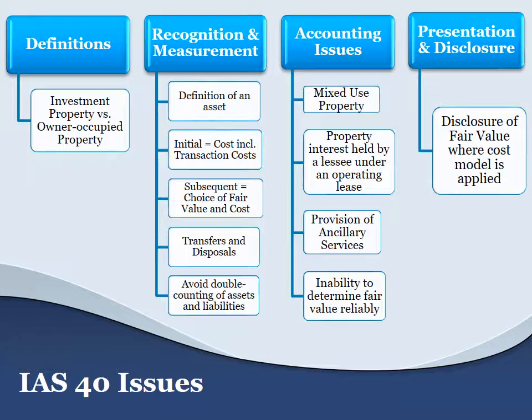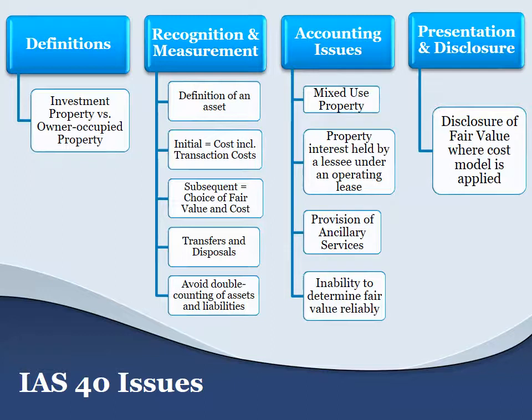There are also a few accounting issues around how we deal with mixed-use property, the separation between owner-occupied property and investment property, and how that should be undertaken. Property interest that is held by a lessee under an operating lease: remember, IAS 40 permits the lessee of a property, if they're subletting that property, to also account for that property as investment property. IAS 40 also deals with where you've got investment property but you're providing ancillary services to support that property.